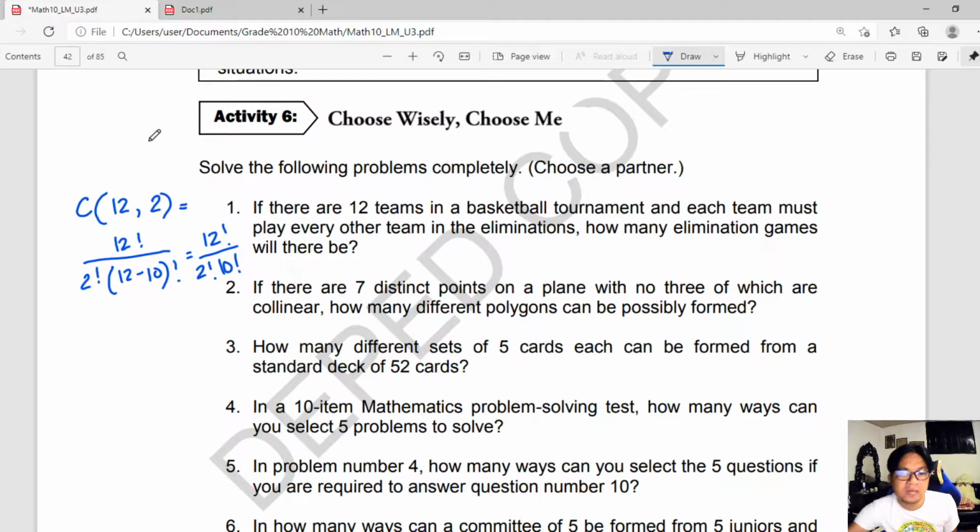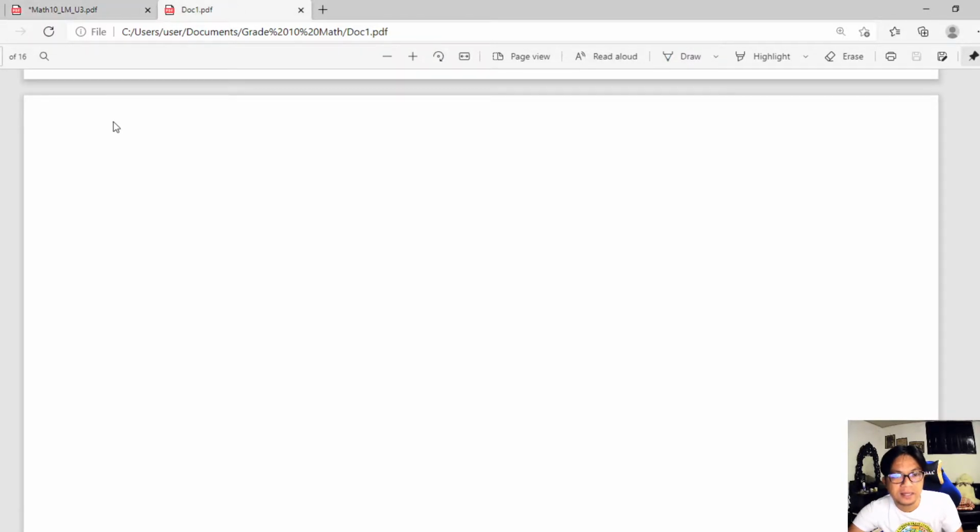Pag i-solve natin, let's have a blank sheet here. We have 12 factorial over 2 factorial, 10 factorial.